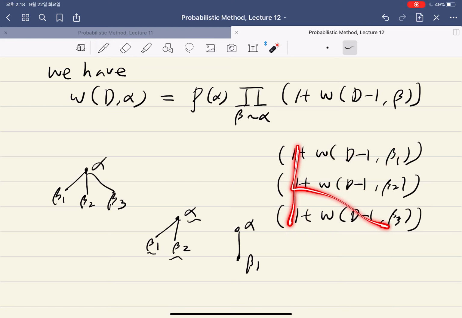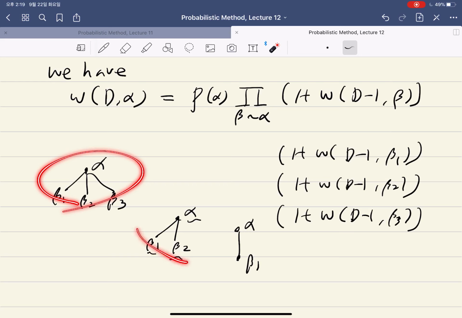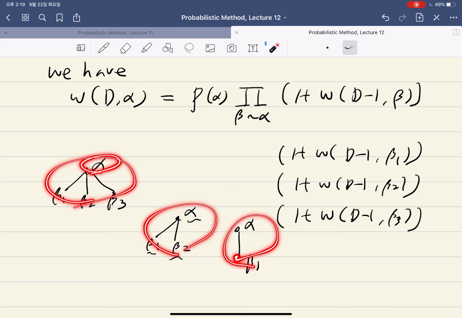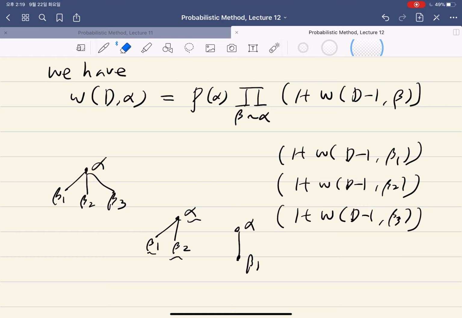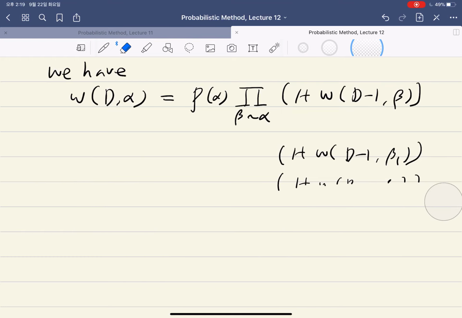So there are 8 possible combinations, which give you all possible rooted trees with these structures on the top, and then the rest of them are included inside of here. So that gives us this recursion.